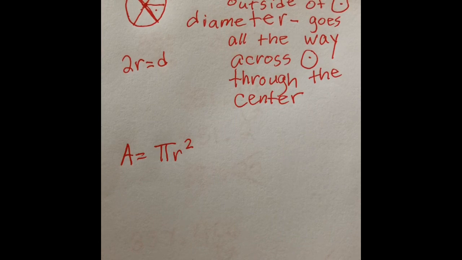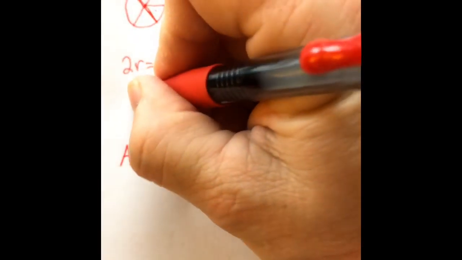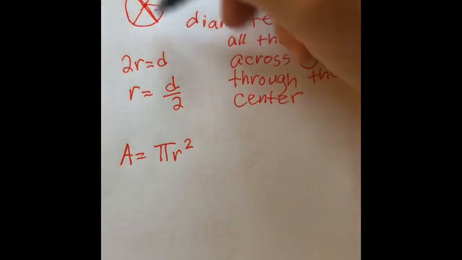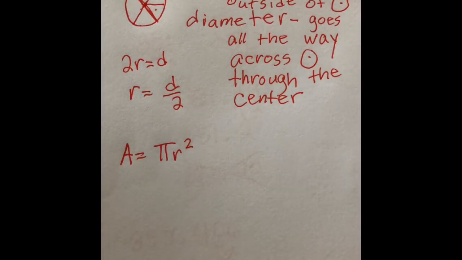So if they gave you the diameter, half of that will be the radius. So radius equals the diameter divided by 2. So if I told you that the diameter was 6, your radius would be 3.